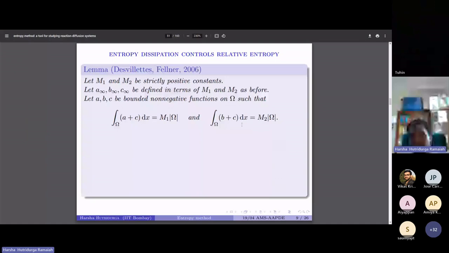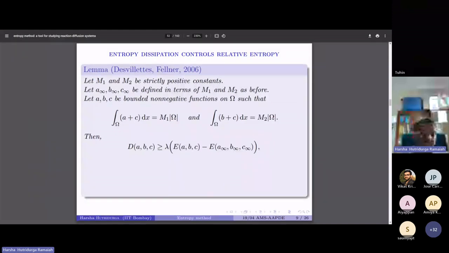Okay. Then they proved that this dissipation, because you can always define D of A, B, C for nice functions A, B, and C which are smooth enough to define the gradients and all. So D(A,B,C) is defined. They proved this general inequality.